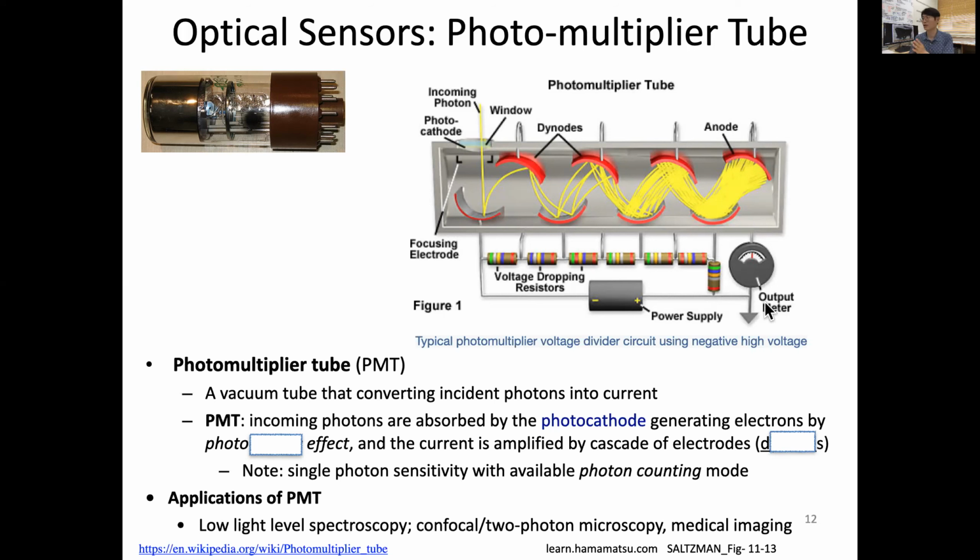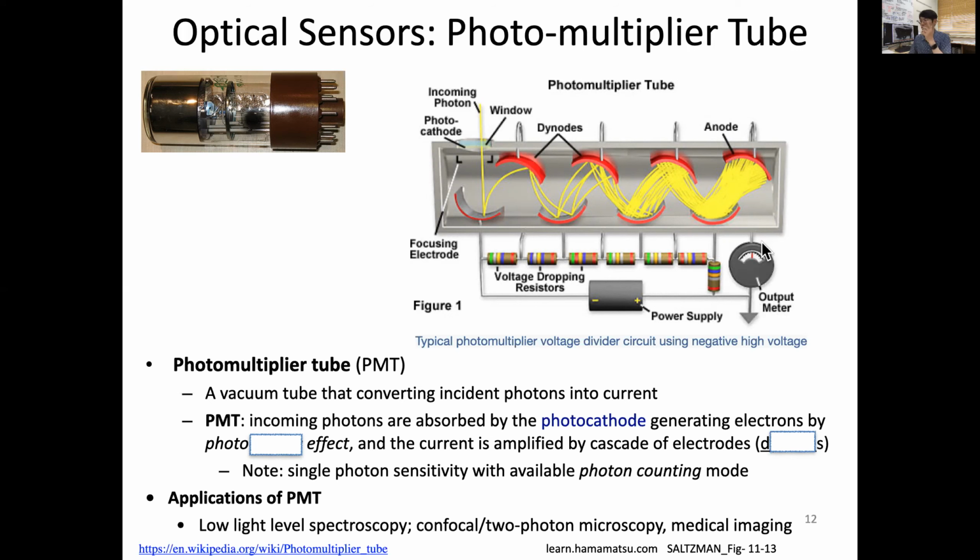So PMT is a vacuum tube that converts the incident photons into current. To generate this, you need a circuit with a high negative voltage power supply, and then you have this voltage dividing circuit to provide, let's say, minus 800 volts, minus 700, minus 600, 500, 400, 200, 100, 0 volts.